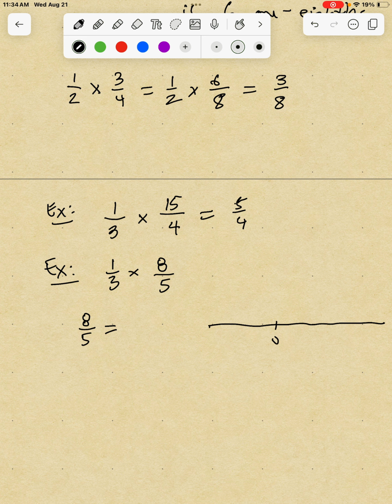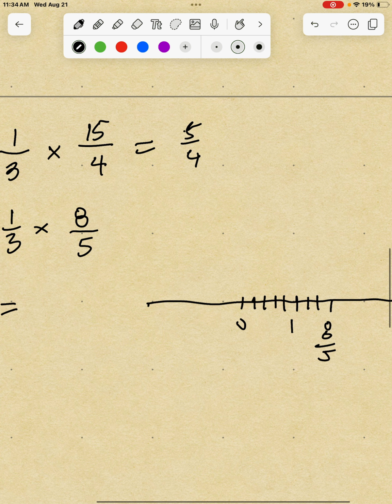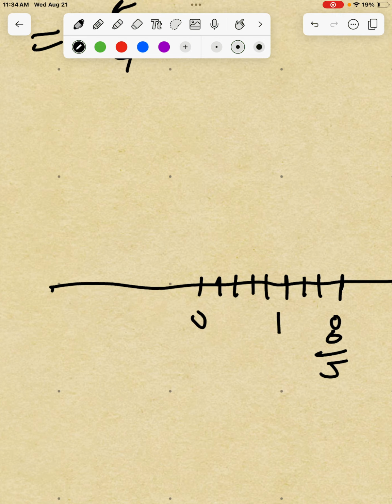Well, here's 0, here's 1, so I divide into fifths, and then 1 is 5/5, so 6/5, 7/5, and here's 8/5. So I have 8 1/5. How can I get something that's a multiple of 3? Well, I can divide each of these pieces into 3 pieces of equal length.